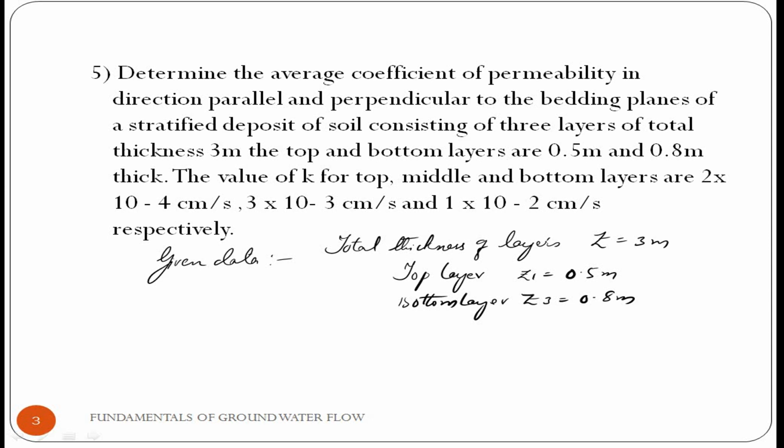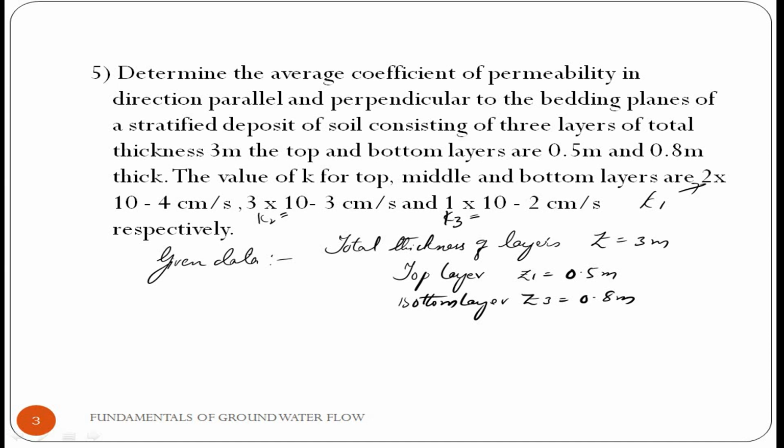So their corresponding K value is also given, that is K1 is 2 into 10 to the power of minus 4 centimeter per second, and K2 and K3 values they have given in the problem.